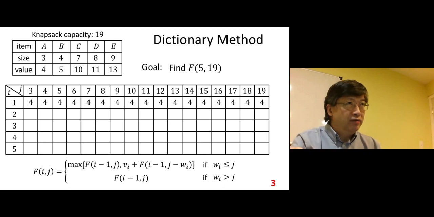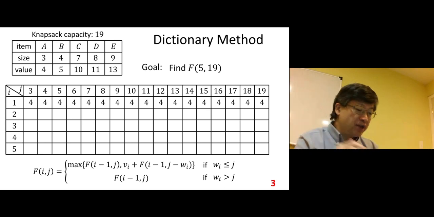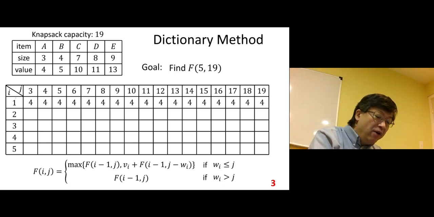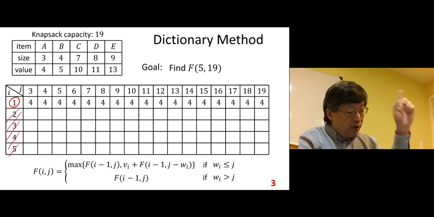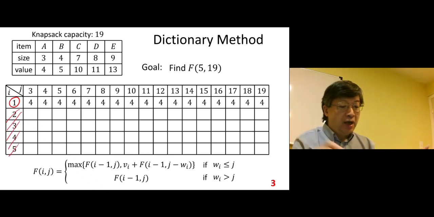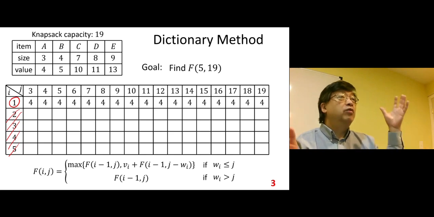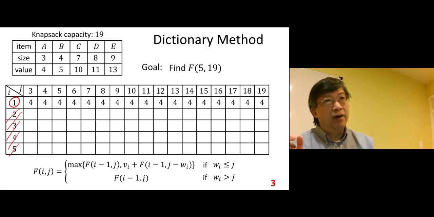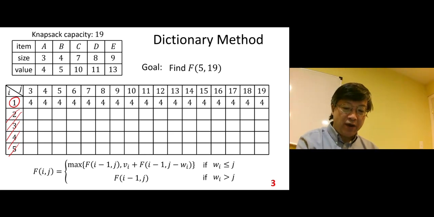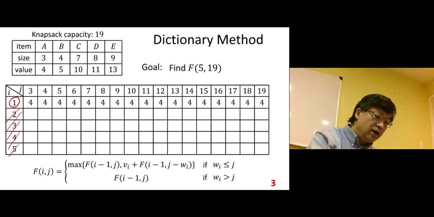The first row, trivial, so let me just put the numbers there, because the first row means we can only use item 1. We cannot use other items. We start from i equals 1. We cannot use other items. Then the only way we can do, put that W1 there. That's 4. So you will get a 4 everywhere.